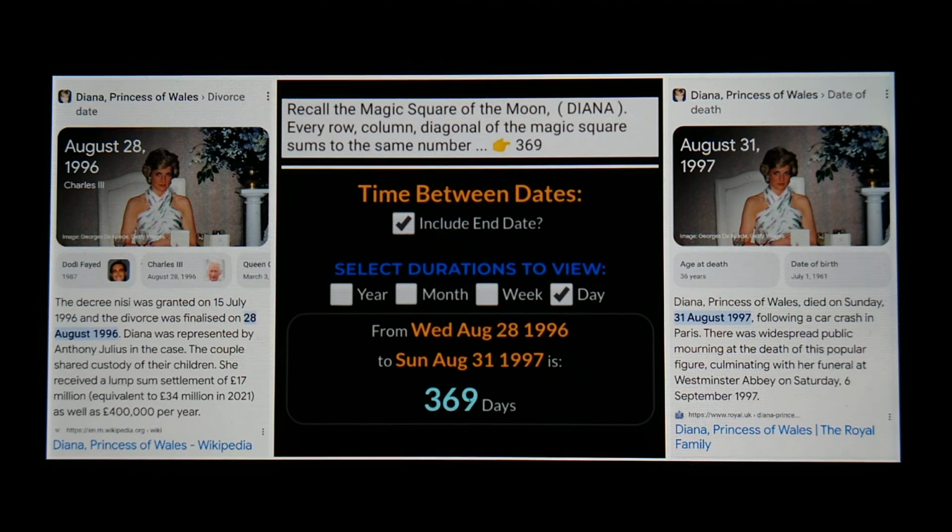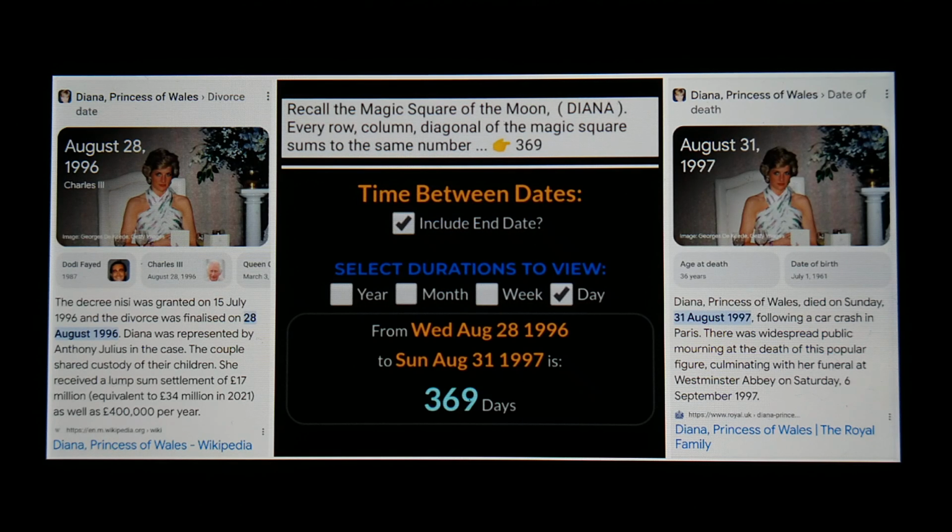So I'll show you the dates here. It says the divorce was granted on the 15th of July, 1996, and the divorce was finalized on the 28th of August, 1996. So we're using that as a starting date, the finalization date.